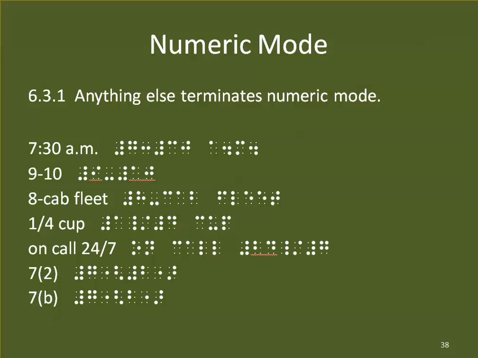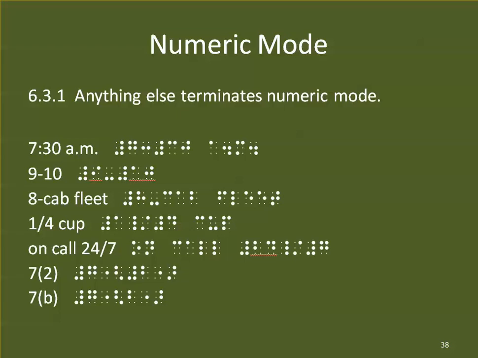So we have 7, a parenthesis, which terminates numeric mode. So we have to start it up again if we want that dot configuration of 1, 2 to be read as the number 2. And then we have the closing parenthesis. The final example, however, we want that read as B. So we have a parenthesis. Numeric mode is now stopped, so now whatever comes after it is not read as a number anymore.